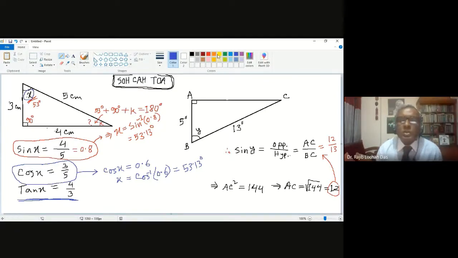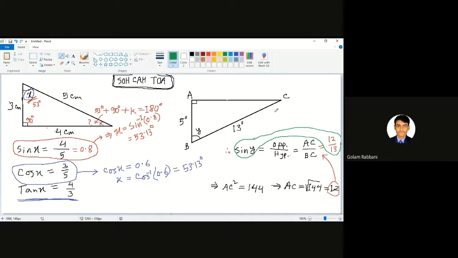So what about this now? Now let us talk about this. The sine y equal to 12 by 13. So what will happen? Sir, 0.92.